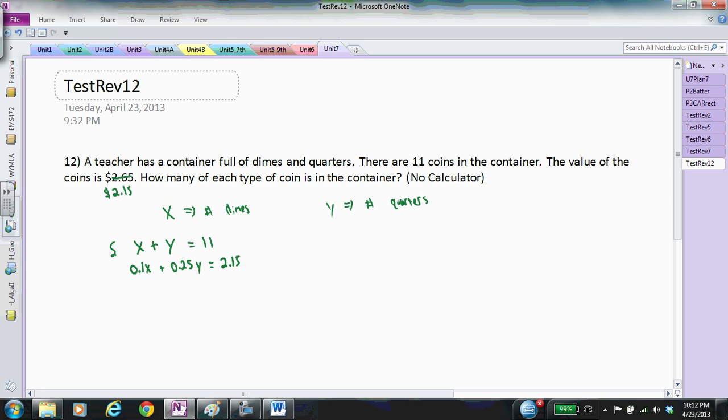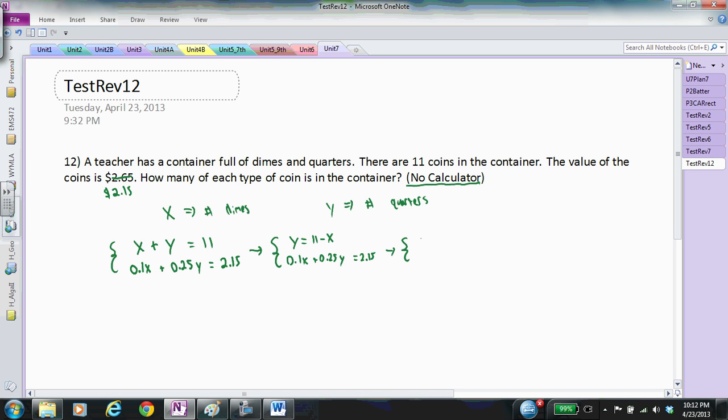So there's my system. And usually when you're solving word problems by hand, with no calculator, substitution is going to be the easier method for the most part. So I'm going to solve for y in the top equation. Y equals 11 minus x. And then in the next step, I'll substitute that into the bottom equation.